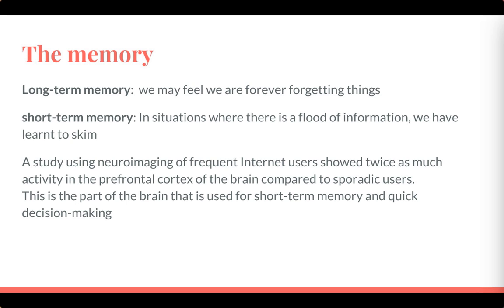This is the part of the brain that is used for the short-term memory and quick decision-making. In situations where there's a lot of information, we have learned to skip. We are becoming eager to share signals, and the technology actually shapes our ability to scan information rapidly and efficiently.